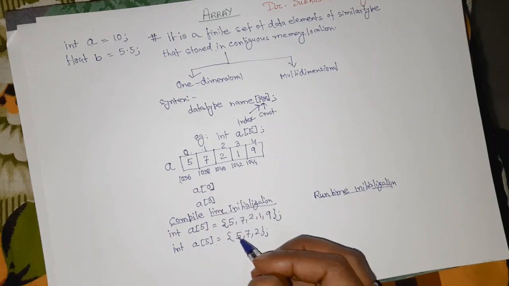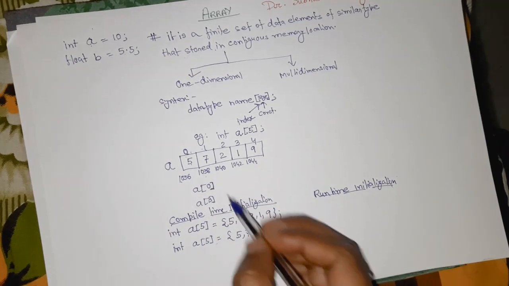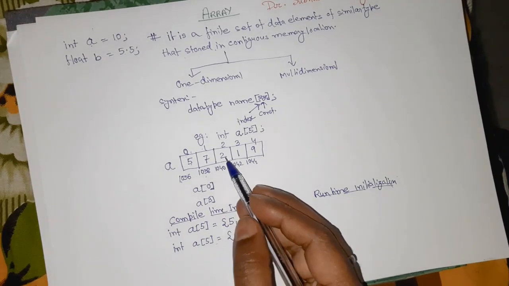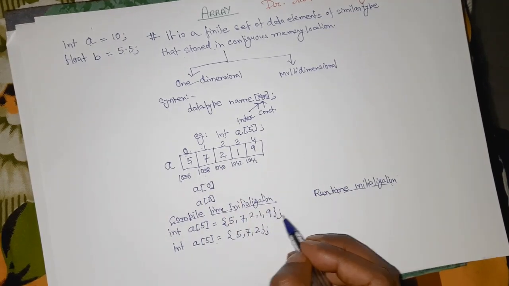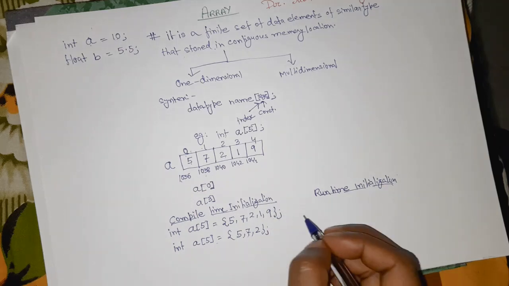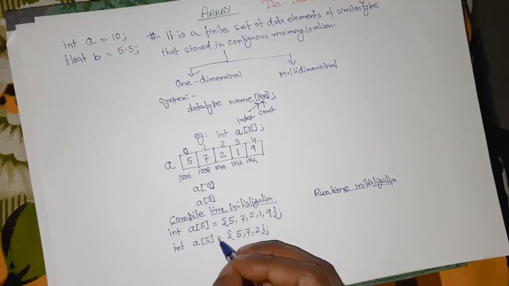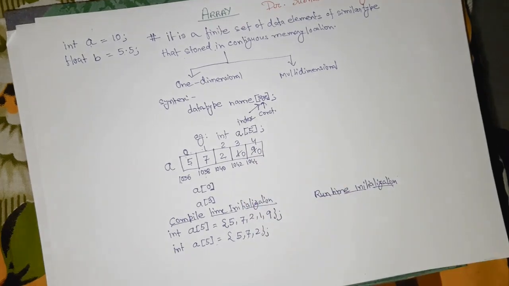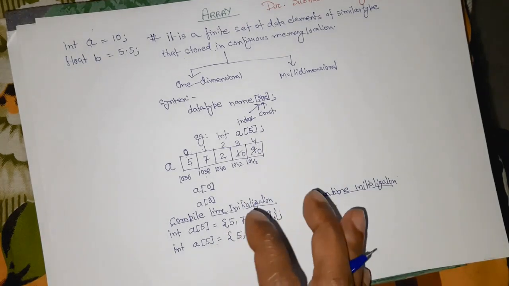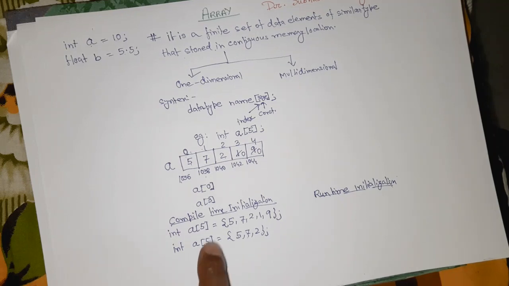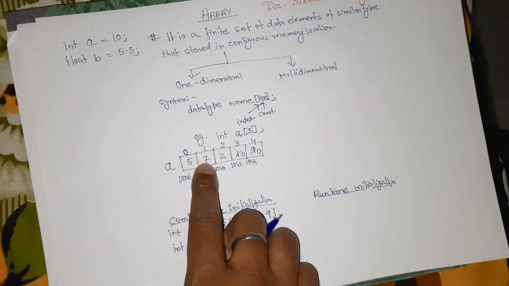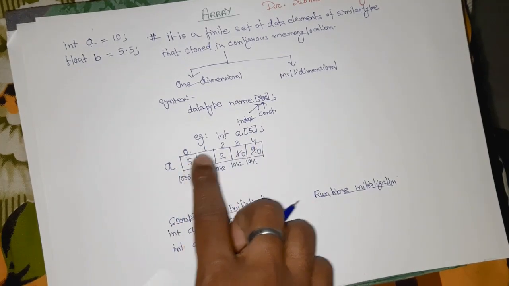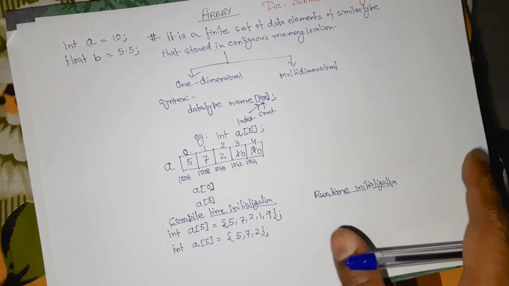As a result, 5 will be stored here, 7 will be stored here, 2 will be stored here, and by default the rest of the spaces will be initialized to 0. As we know, if we declare a variable locally, by default it stores a garbage value, but if we initialize any one data element of an array, the rest of the blocks will be initialized to 0.